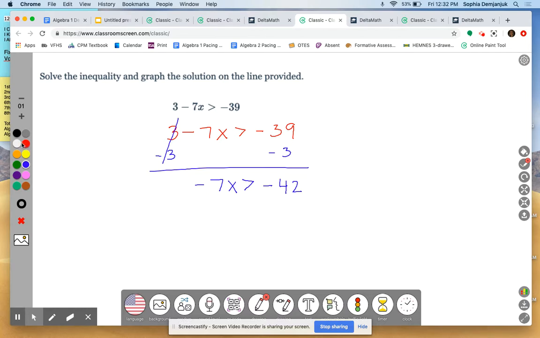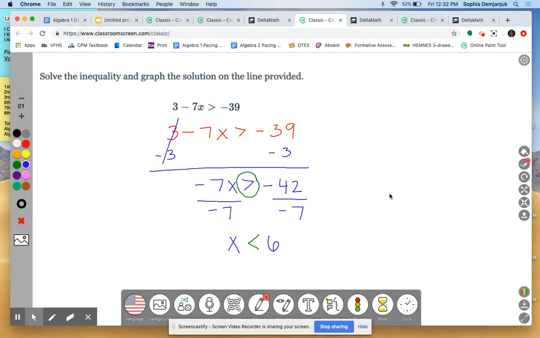Still want to get x all by itself, so I want to get the -7 to the other side, so I need to divide both sides by -7. Since I divided by a negative number, my inequality symbol has to flip, and it now becomes a less than symbol. On the left side, I am left with x. On the right side, -42 divided by -7 gives me +6.